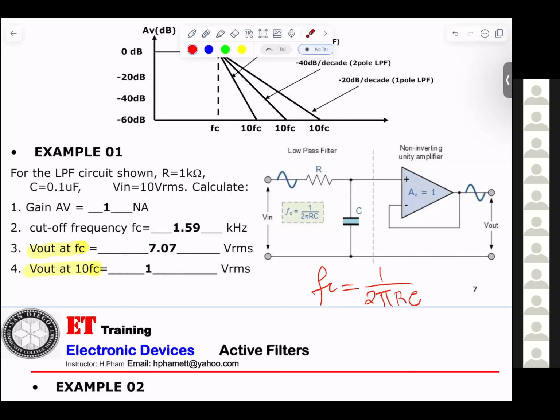Who else can verify for me? Is it 1.59 kilohertz?